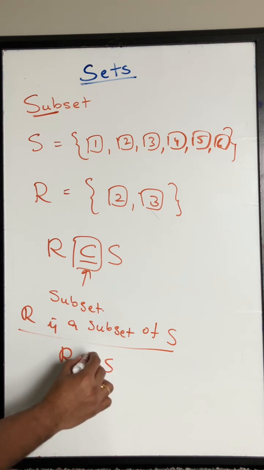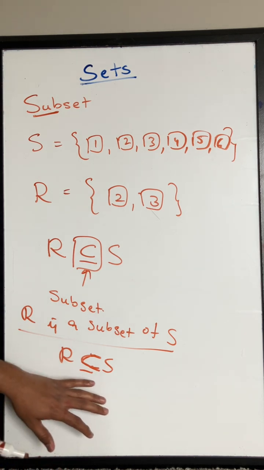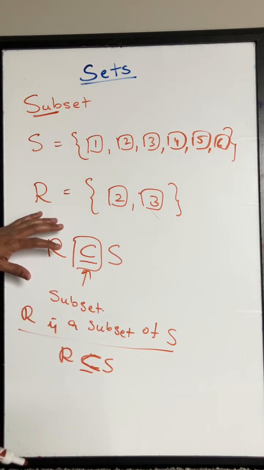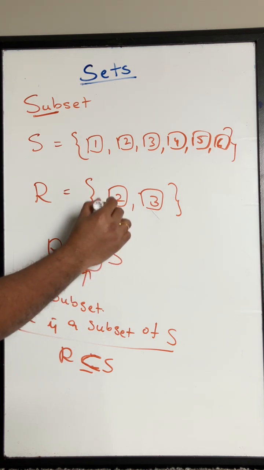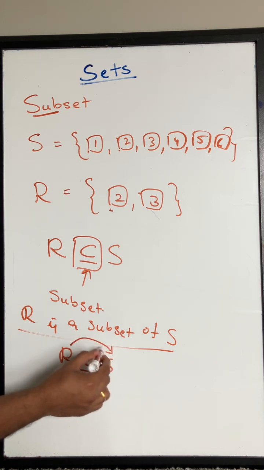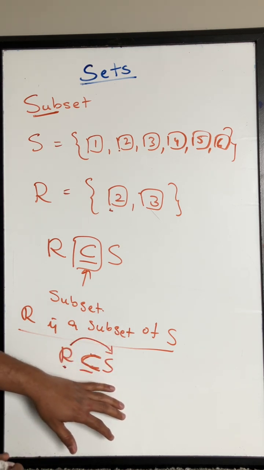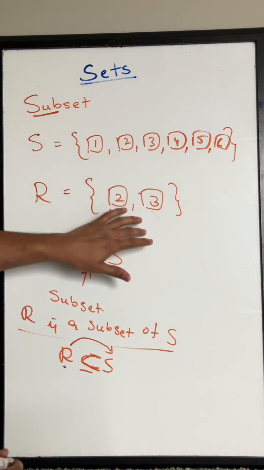Don't make it like a C; it's like this one. R is a subset of S. When we say this, every element in R should be present in S. Look at this: 2 is there, 3 is there.